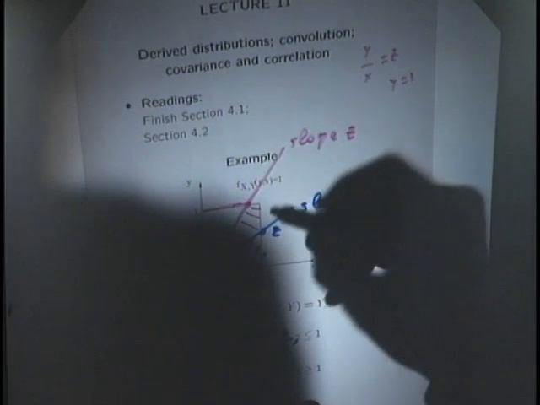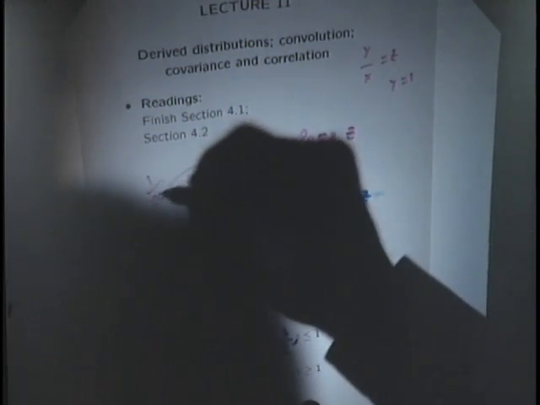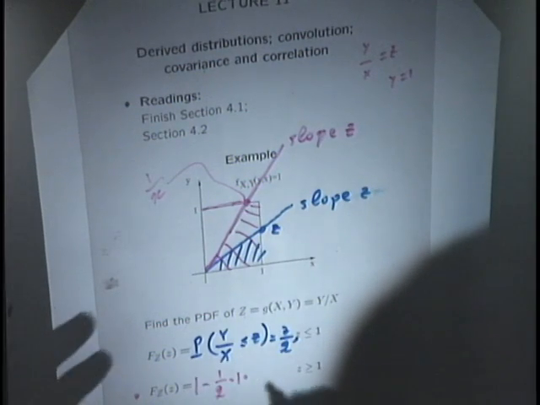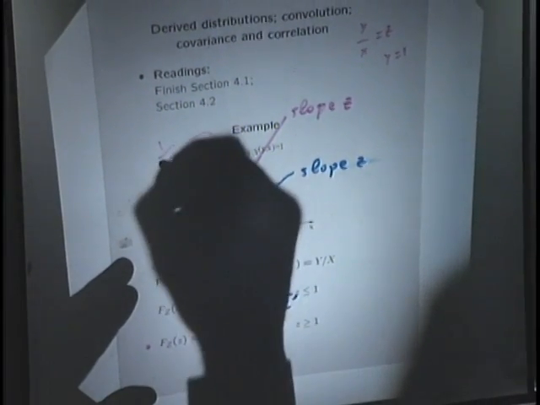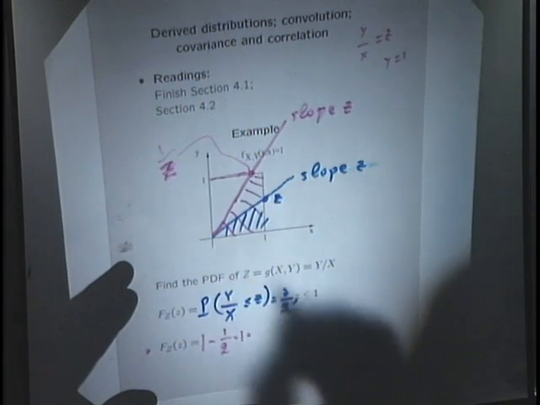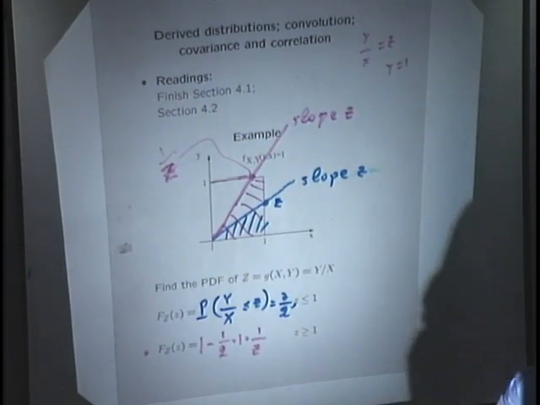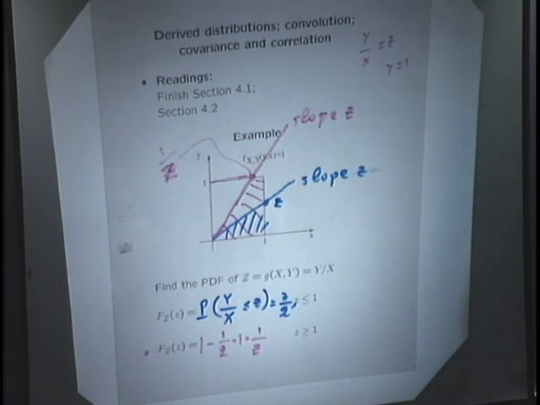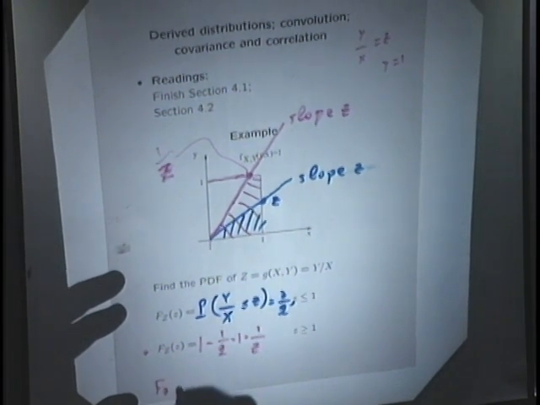So the coordinate of this point is 1 over x. And this means that we're going to 1 over z. So here we get a factor of 1 over z. And we're basically done.